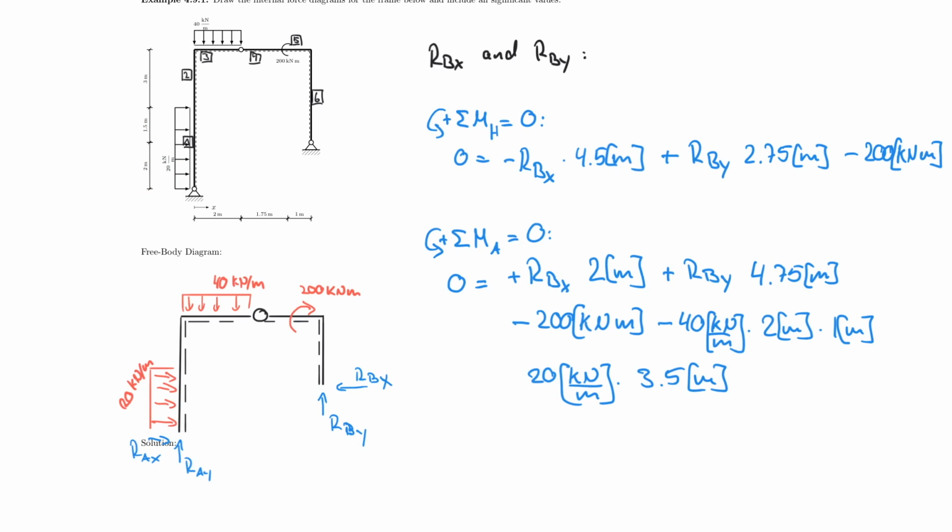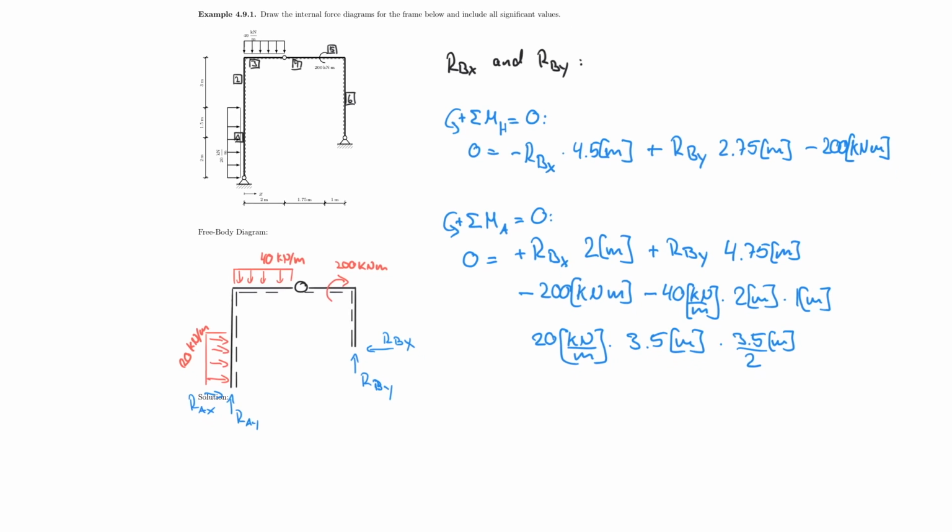That does not make it difficult. So times 3.5 meters, divided by 2. And now we have two equations with the very same two unknowns, and that will make it very easy to solve. I could have set up the same equations for the other side.